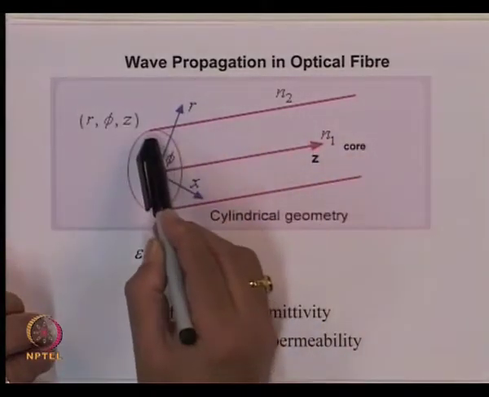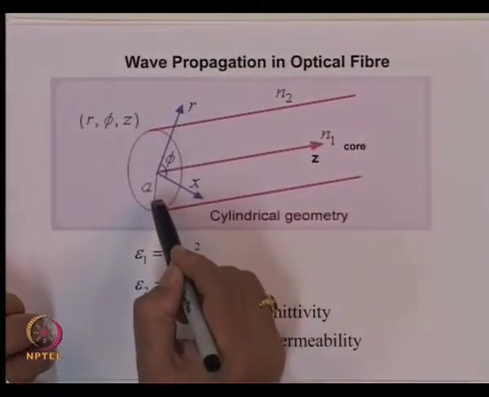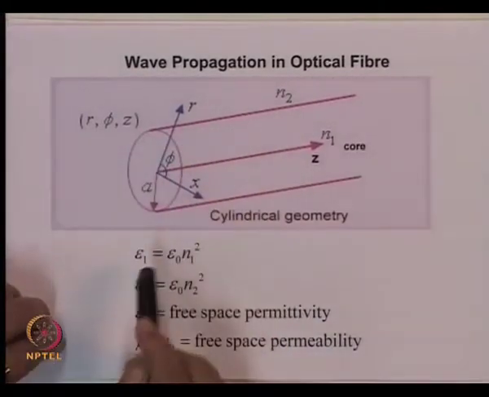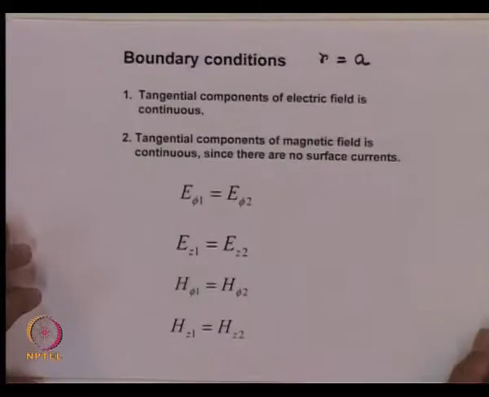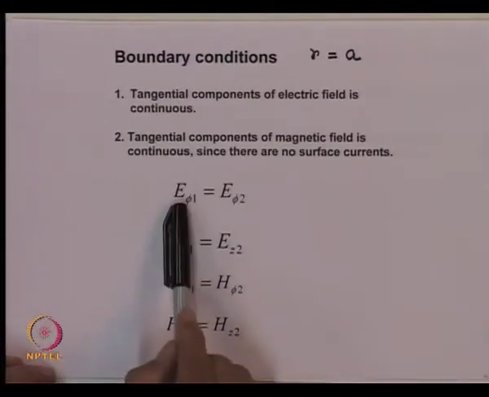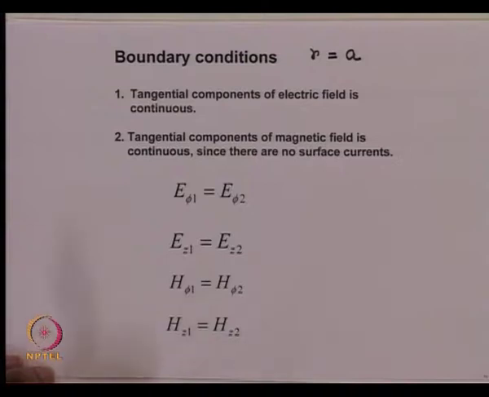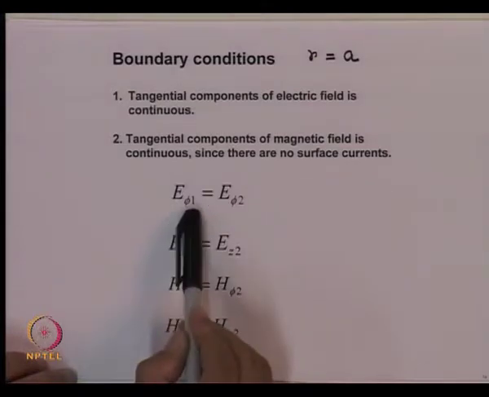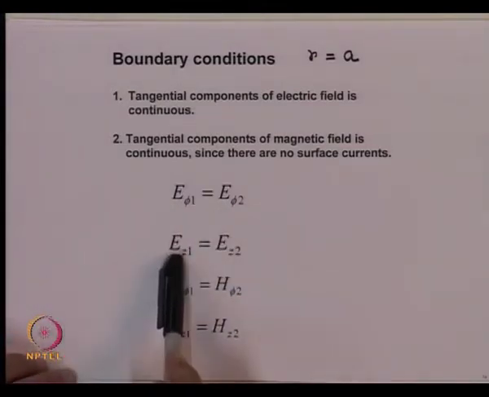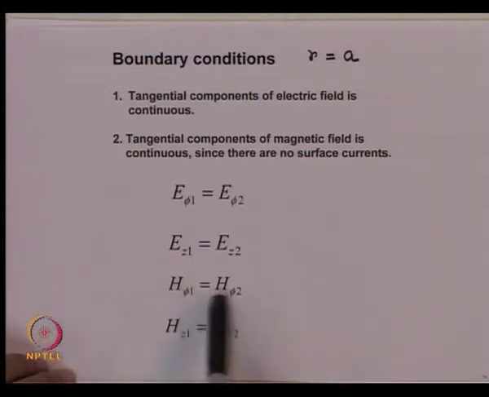Similarly, a field which is phi oriented will also be tangential to this interface. So when I apply the boundary conditions, essentially we have these four quantities: the phi component of electric field is continuous, z component of electric field is continuous, phi component of magnetic field is continuous, and z component of magnetic field is continuous. So we get E phi 1 equal to E phi 2, Ez 1 equal to Ez 2, H phi 1 equal to H phi 2, and Hz 1 equal to Hz 2.